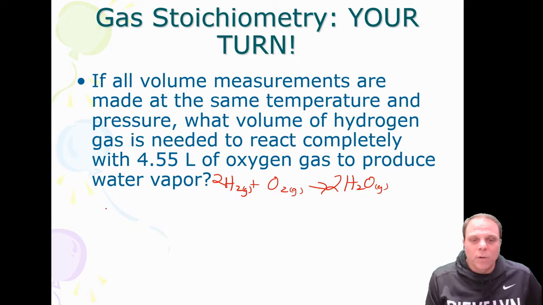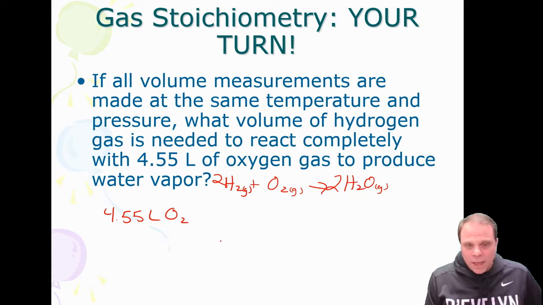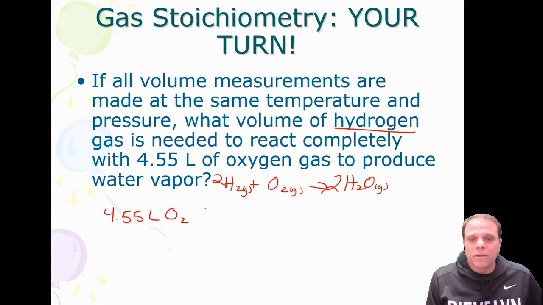And so I start with 4.55 liters of O2, and I want to see how much hydrogen is needed to react completely with that. I've got to put oxygen on the bottom: 1 liter of oxygen. Then I'm going to hydrogen, so I do 2 liters of hydrogen on top.